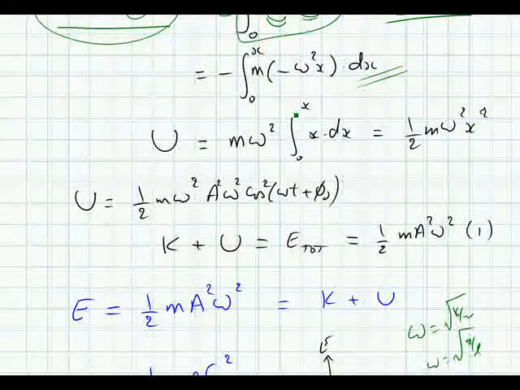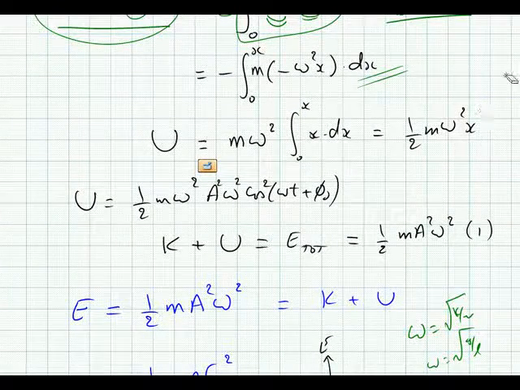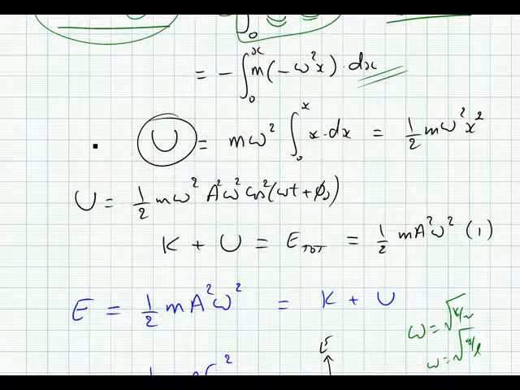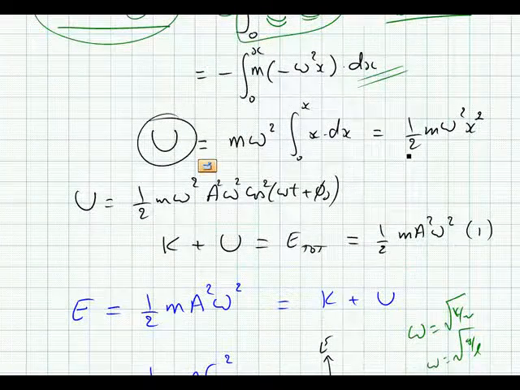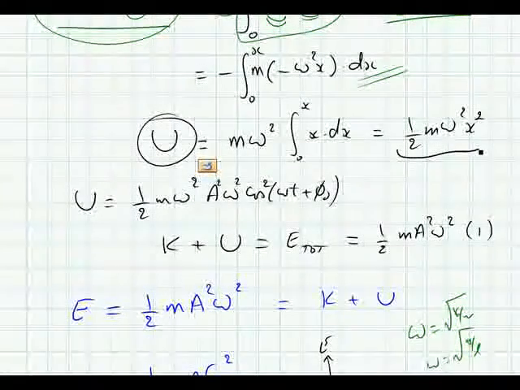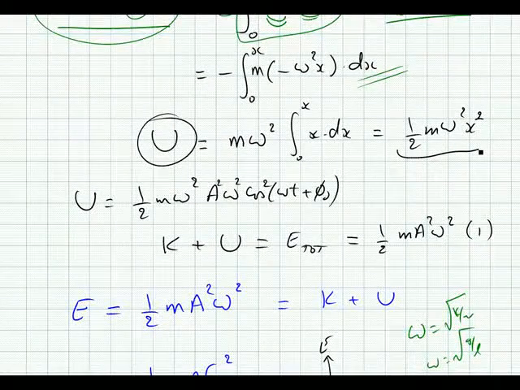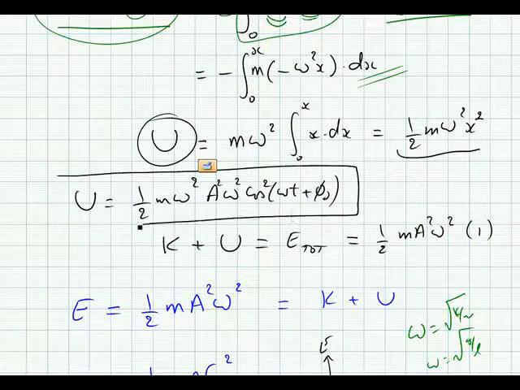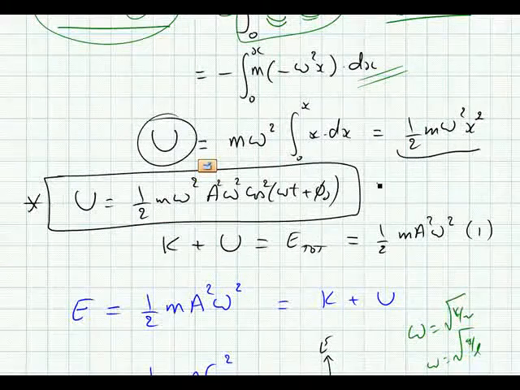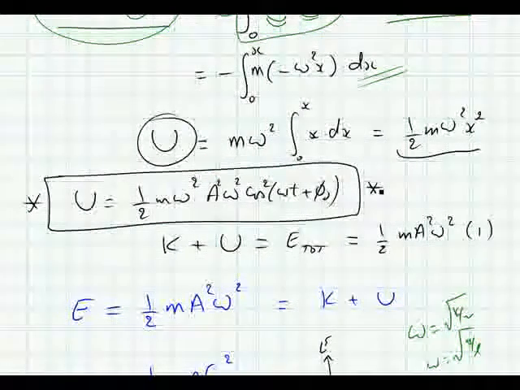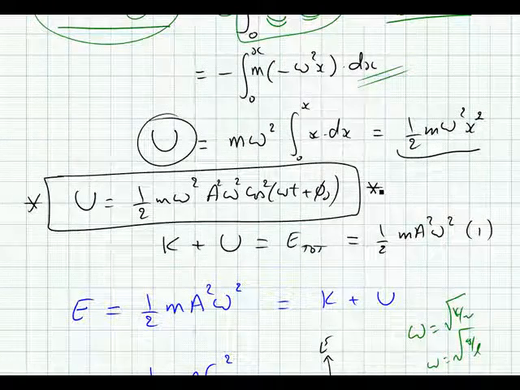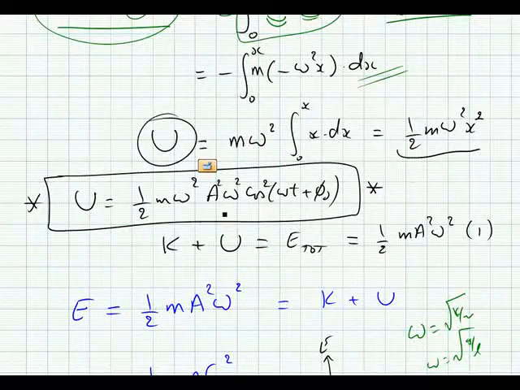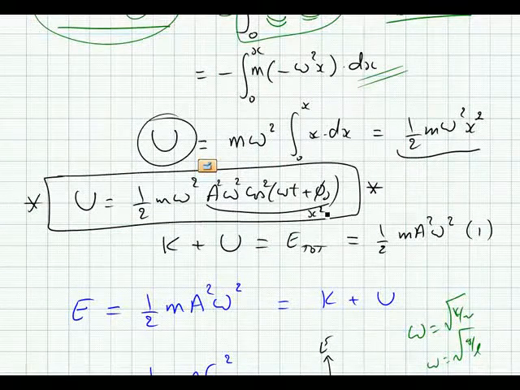It's a simple integral to evaluate, and one ends up with the potential energy in simple harmonic oscillation being given by 1/2 of mass times omega squared x squared, which you can now go ahead and substitute in the expression for x, and you end up with this lovely equation down here, which is 1/2 m omega squared, and this is our x squared essentially.